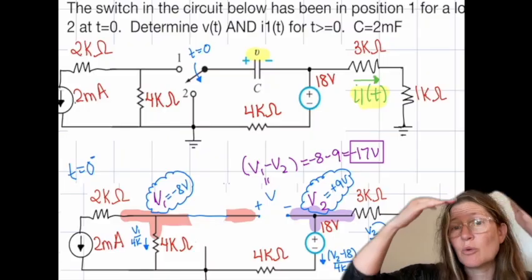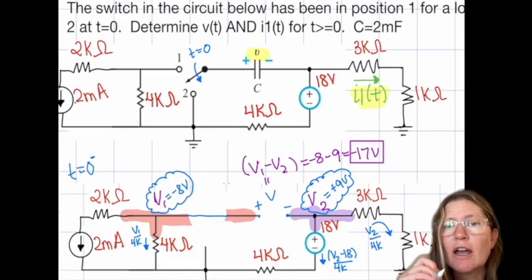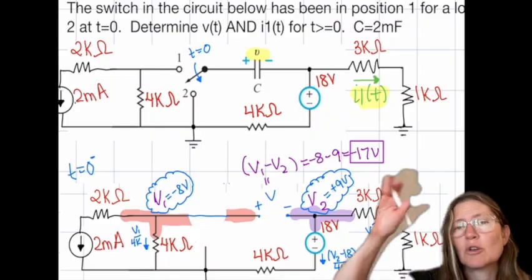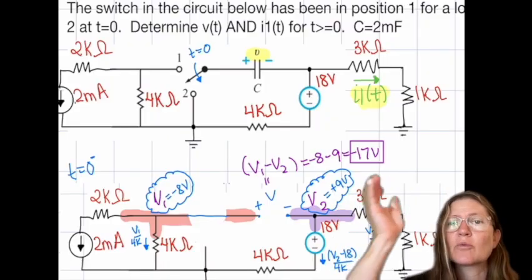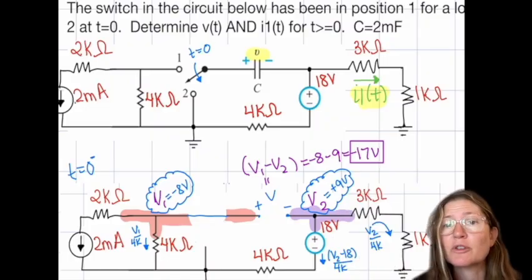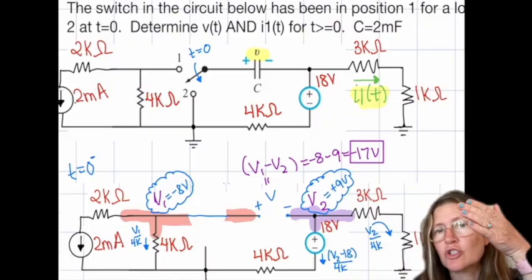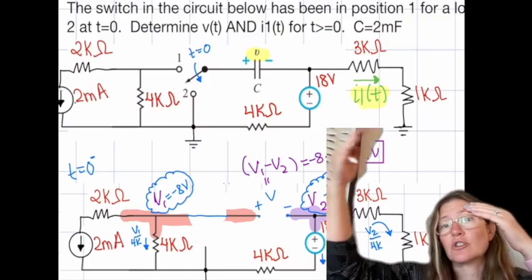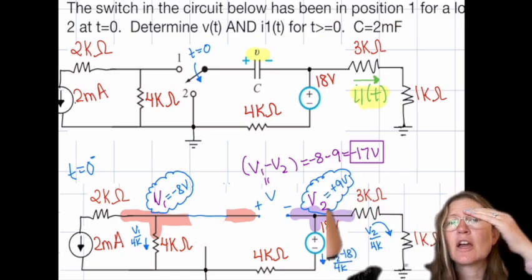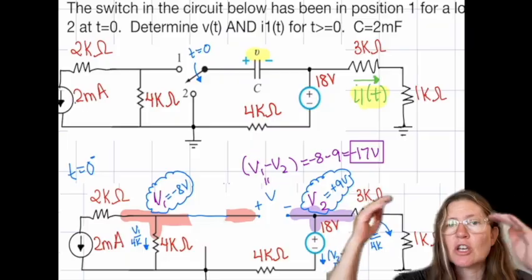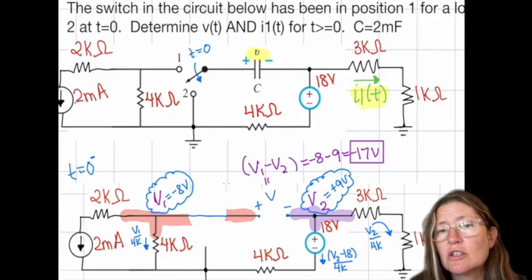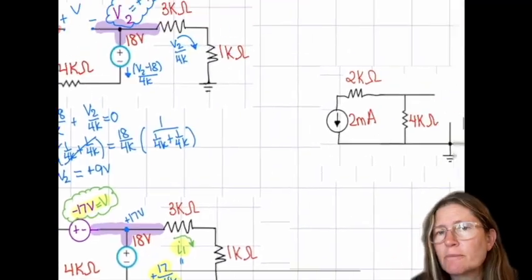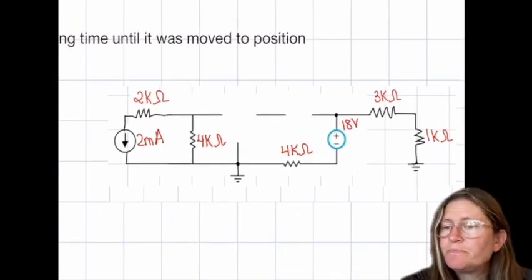So if a switch is going on and off and on and off, you're going to have to find this expression for once it's changed in one position, and then again when it's changed in a different position. So if it's charging, discharging, charging, discharging, or charging up to another voltage, and then it goes back down to a different voltage, both of those changes will have different forms of the final expression.